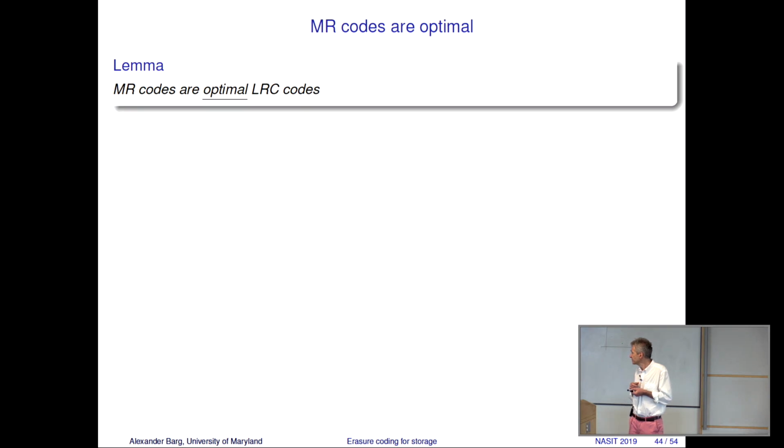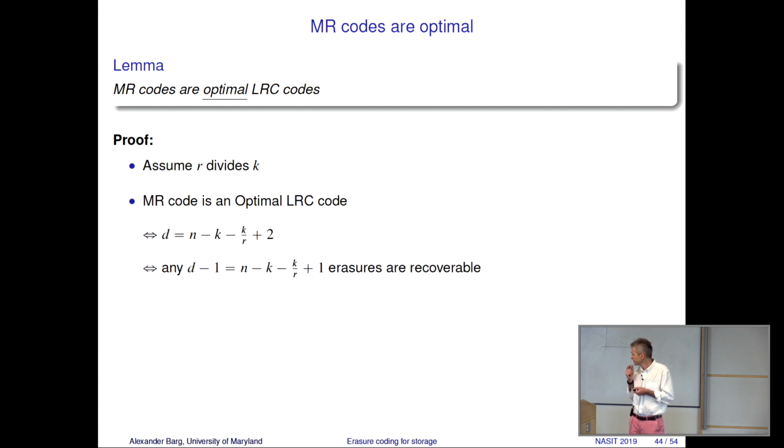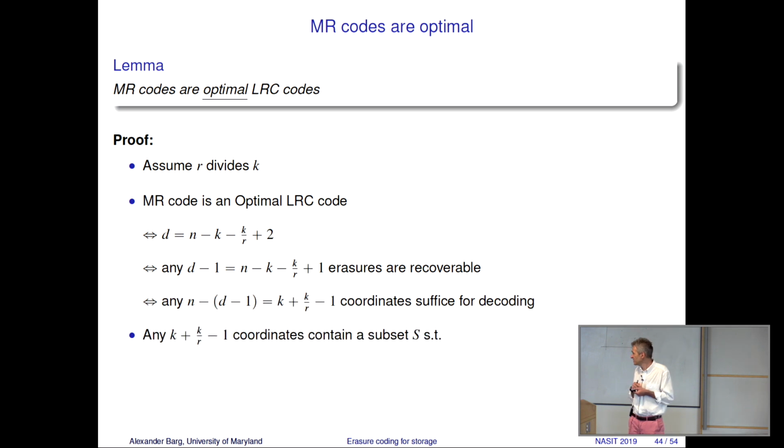All right. MR codes are optimal, and the proof is really not difficult. It requires a little discussion that is connected to the proof of the Gopalan bound. I didn't do the proof. Maybe I won't do this discussion here.